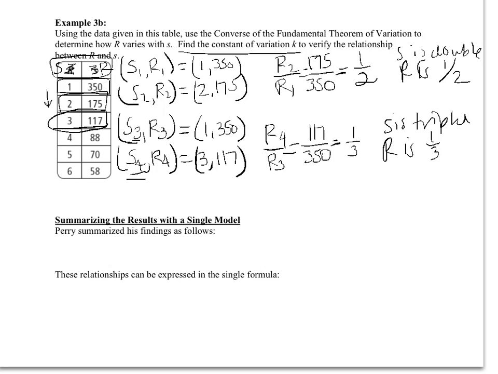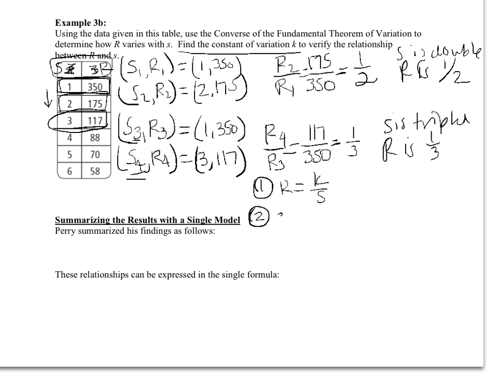Let's write our general variation equation, get our constant k, and then we'll test it with some other points. So we can say r equals k divided by s. That's our inverse variation relationship. Let's plug in some points to solve for k. We'll do the first one again, the 1 and 350.